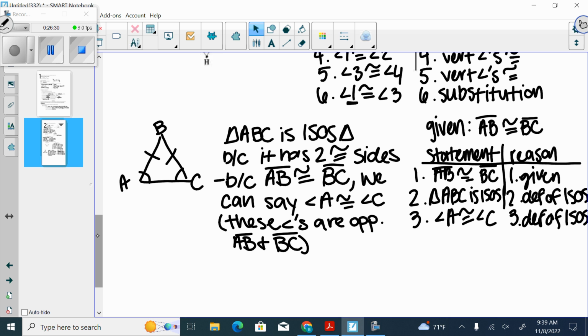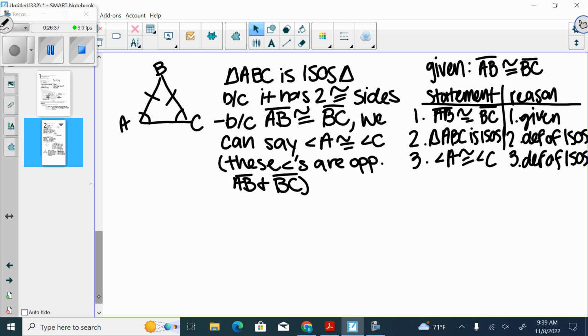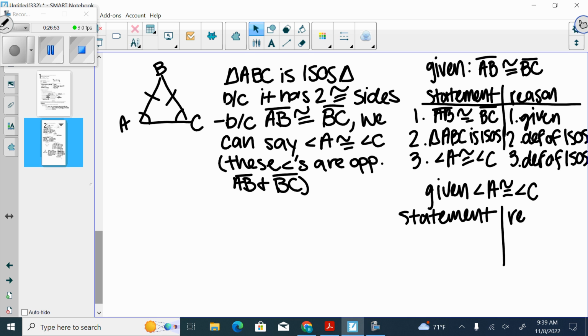Okay, that same information could also go the other direction. Okay, so if all they told you is that you are given that angle A is congruent to angle C, you could write the same proof in the opposite order. Okay, so you could make your statement and reason columns. This time you'd have angle A congruent to angle C because given.